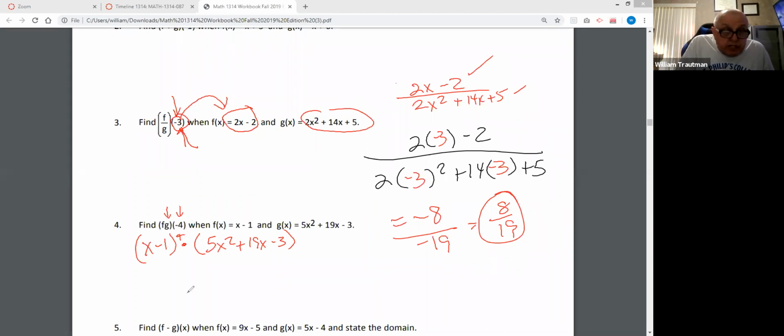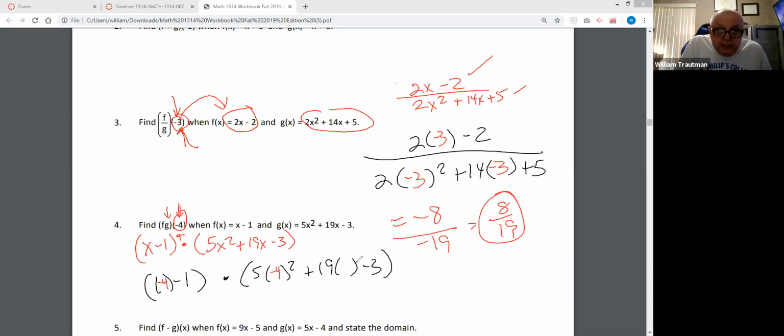So I'm going to rewrite this: x minus 1 times 5x squared plus 19x minus 3. And I'm going to plug negative 4 in every x spot.